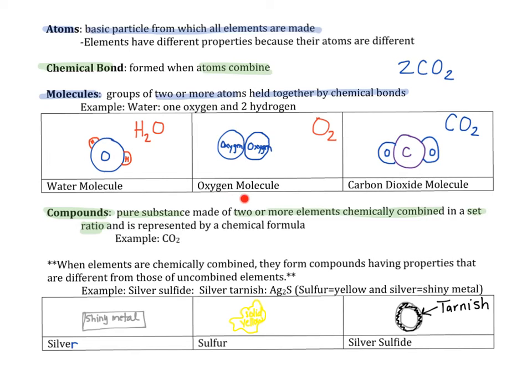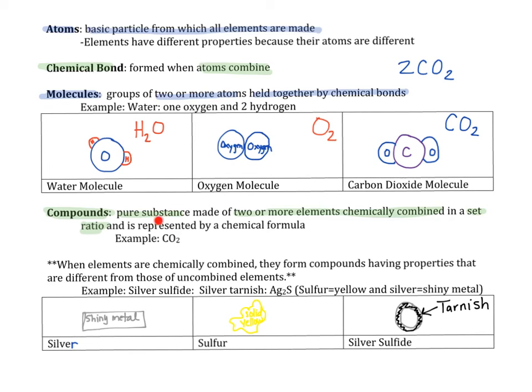An oxygen molecule here, this is a group of 2 oxygens that are actually chemically combined. So, is it a molecule? Yes, because it has 2 or more atoms. And carbon dioxide, that is a molecule because it has 1 carbon and 2 oxygen, which means there are 3 atoms total.